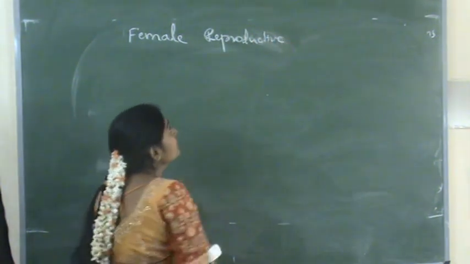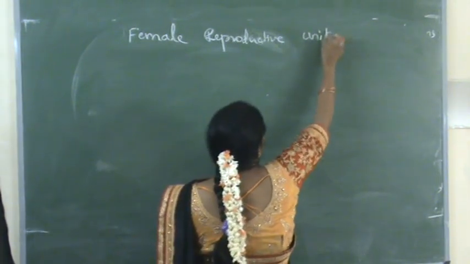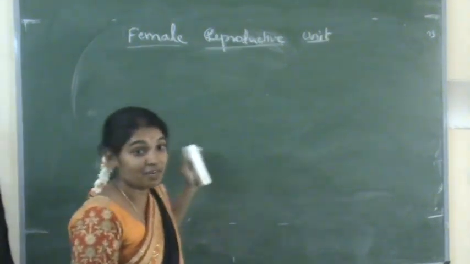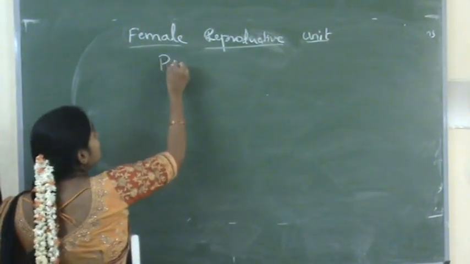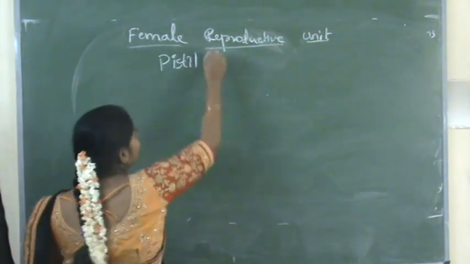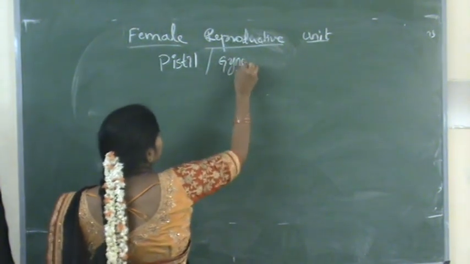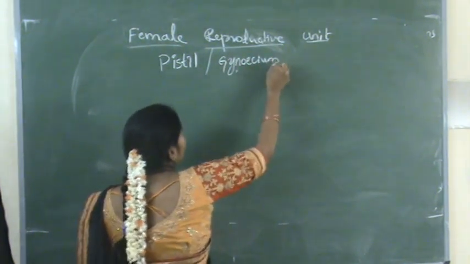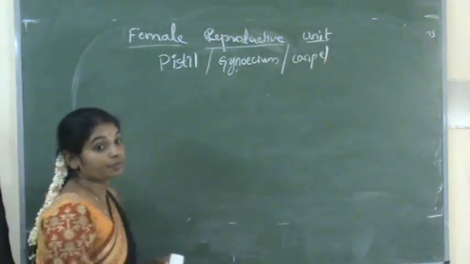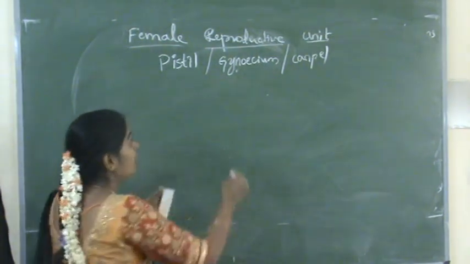So next we will see the female reproductive unit. The female reproductive unit in the flower is called pistil, or gynoecium, or carpel. And it consists of 3 parts.